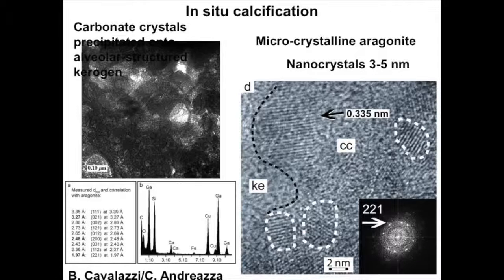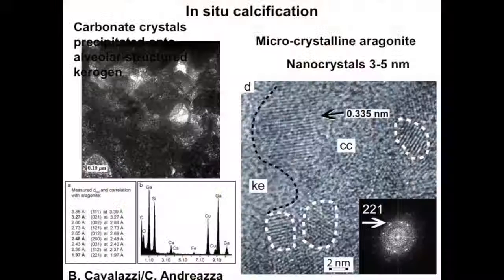But if you look very closely, this is work I've done with Barbara Cavalazzi and Caroline Andreazza in Orléans when Barbara's there. We can actually detect why this material is so granular. We can find nanocrystals of carbonate. In fact, it's aragonite. They're very small, 3 to 10 microns in thickness, and they are embedded in this kerogenous material.